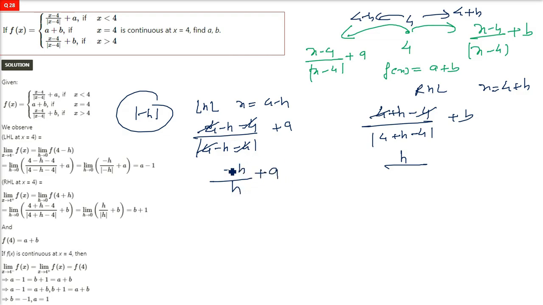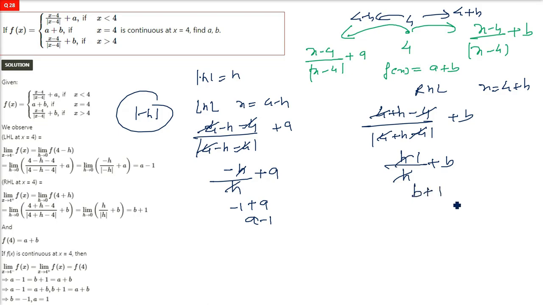This is minus 1 plus a, so a minus 1 you can write. Similarly, on the right hand side, RHL, 4 gets cancelled. Modulus of h or absolute value of h is directly h only. So write h here, plus b. Now you can cancel this out, b plus 1 it will be.